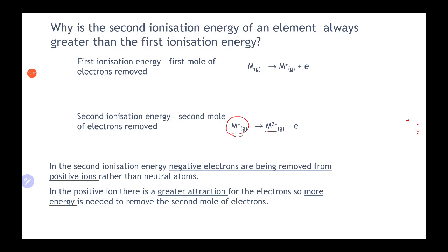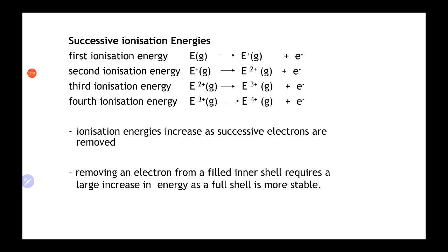That means there's going to be a greater attraction for the electrons that are left in there. So we're going to need to put a bit more energy in to get rid of that second one. If you want to take a note of that, you can do as well.